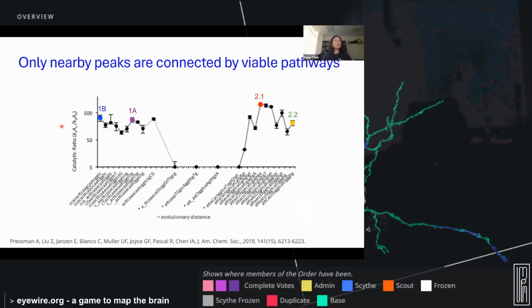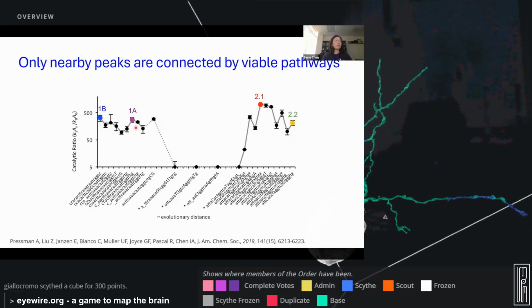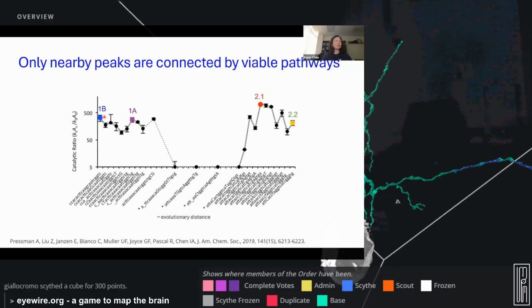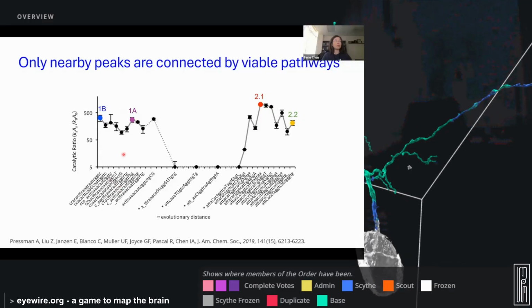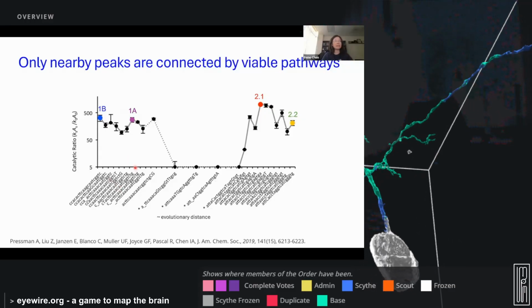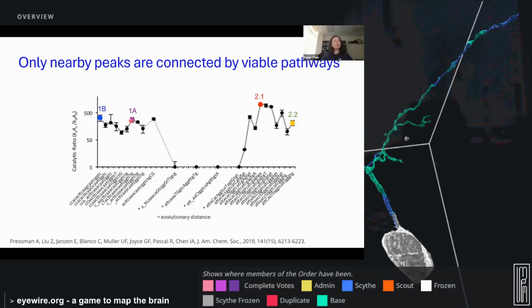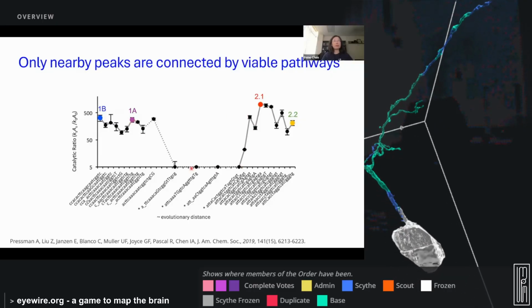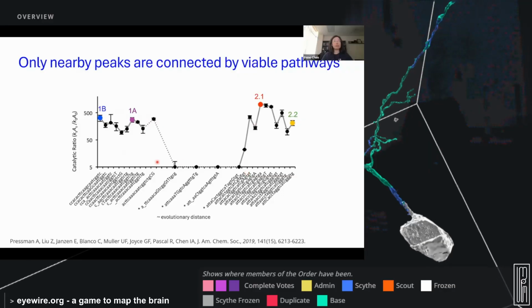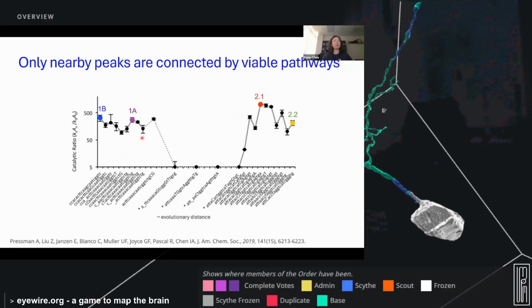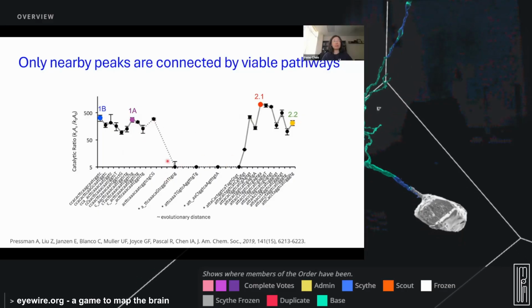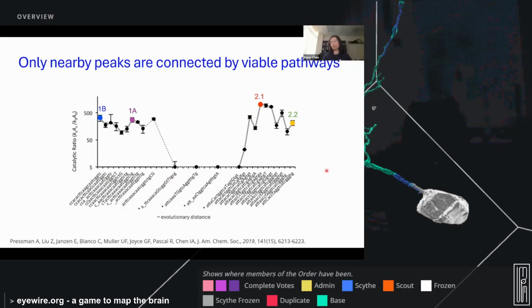And what you can see is that some optima seem fairly well connected, not losing too much activity here from 1B to 1A, and here are the sequences on the x-axis. But going from, let's say, 1A to 2.1, there is this very large jump where you'd have to get from here to here without passing through this valley, and that would be very difficult to do.